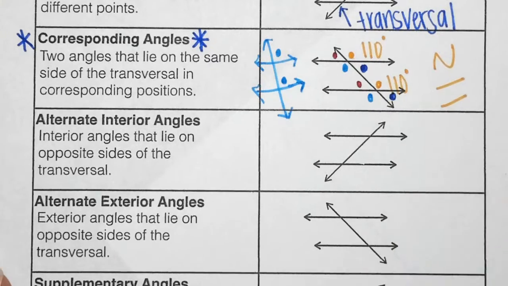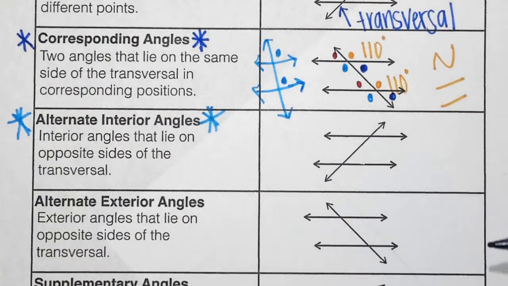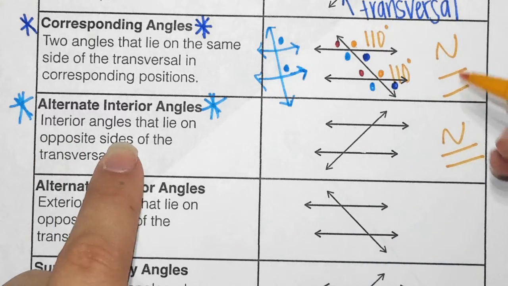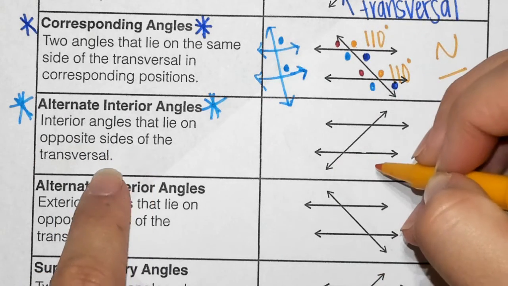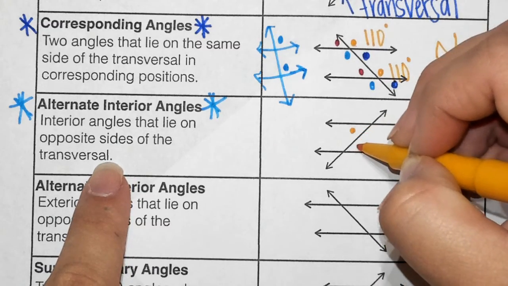Okay, next you have alternate interior. These angles are also congruent. However, they are on opposite sides of the transversal, but inside the two lines.